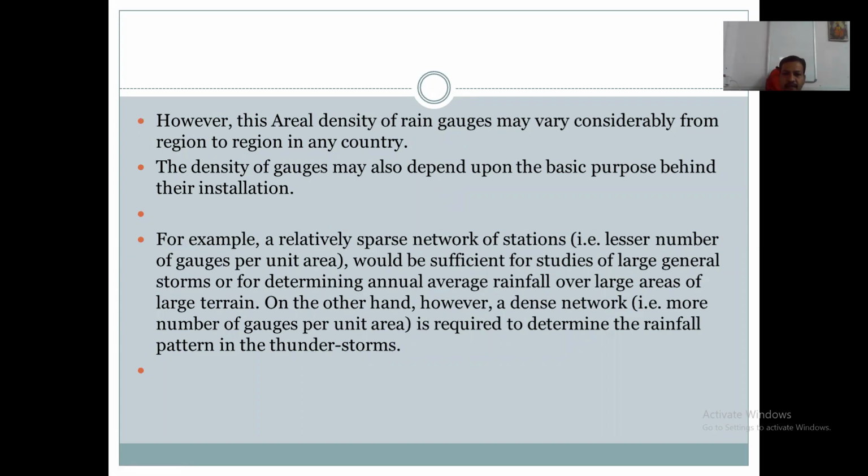So you should know the density of gauges that are going to be installed in a particular area. That will depend upon the purpose of installation. For what purpose you are going to install those rain gauges, you should know.